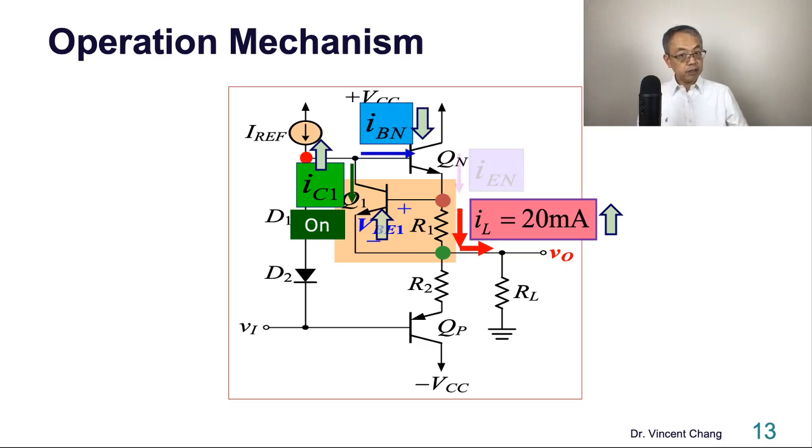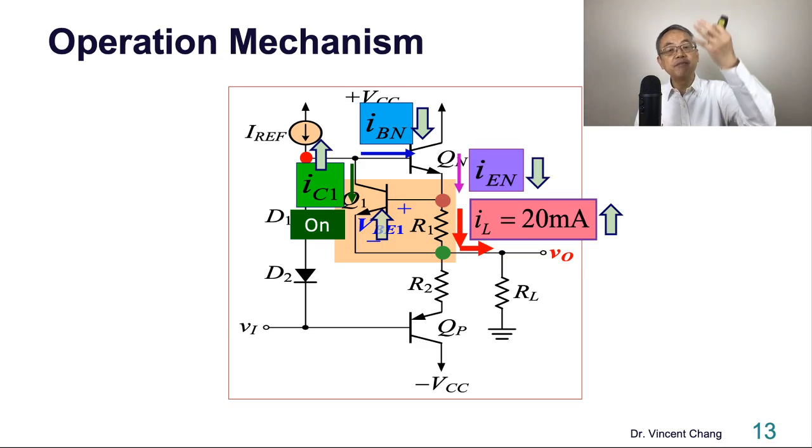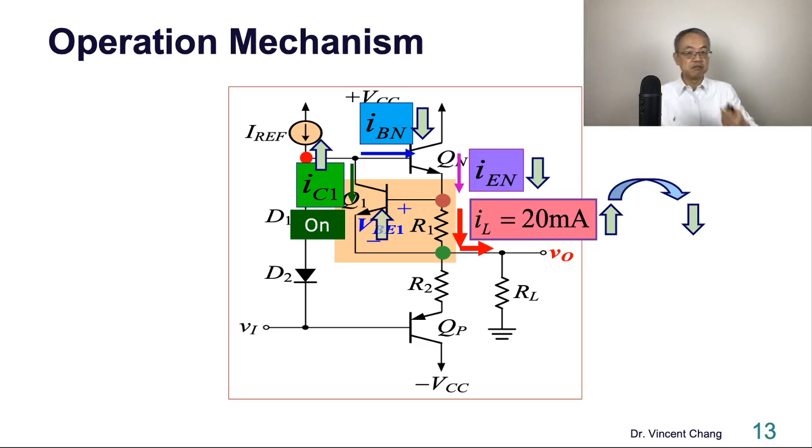And then the emitter current of QN has to go down. And IL comes from the emitter current of QN, from the top. So IL has no choice, it has to be pulled back.